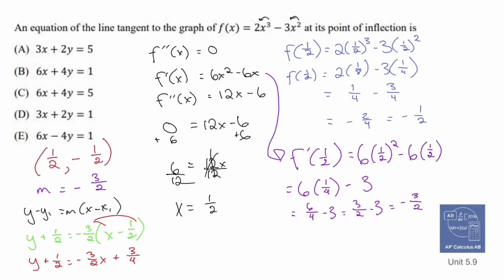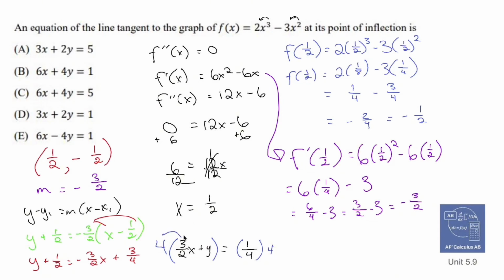What I'm going to do is add 3 over 2 x to both sides. So I'm going to put 3 over 2 x plus y, subtract a half here, which gives me a quarter. And they want all constants here, so if I multiply everything by 4, that gets rid of all fractions.